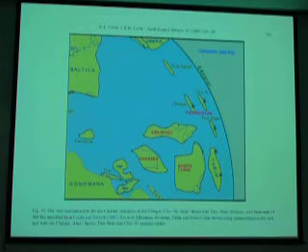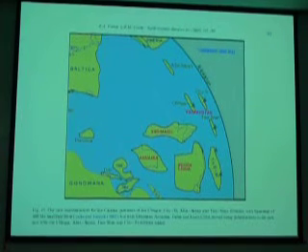This was just based on faunal differences, but tested their tectonic reconstructions.